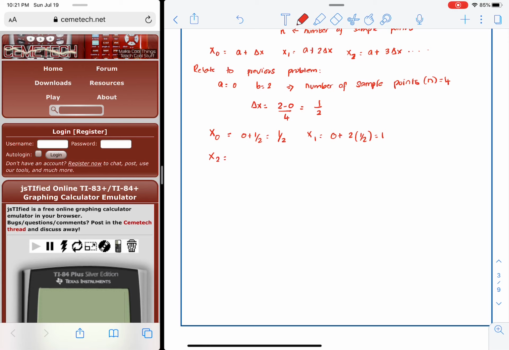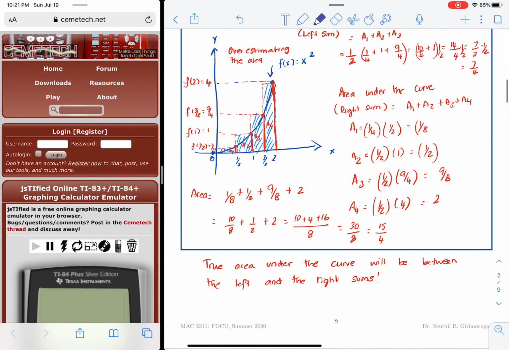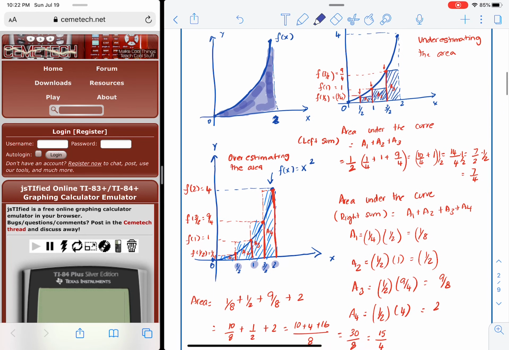The next sample point would be the starting point plus 3 times 1/2, 3/2. And the last one would be 0 plus 4 times 1/2, which would give us 2. And you can see these 4 values match up to the sample points that we have here and over there.